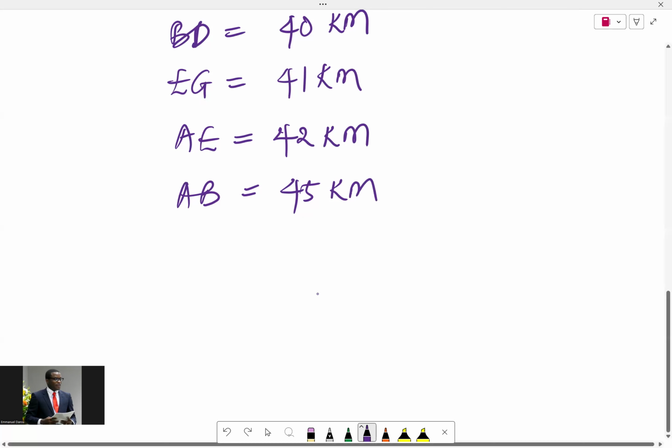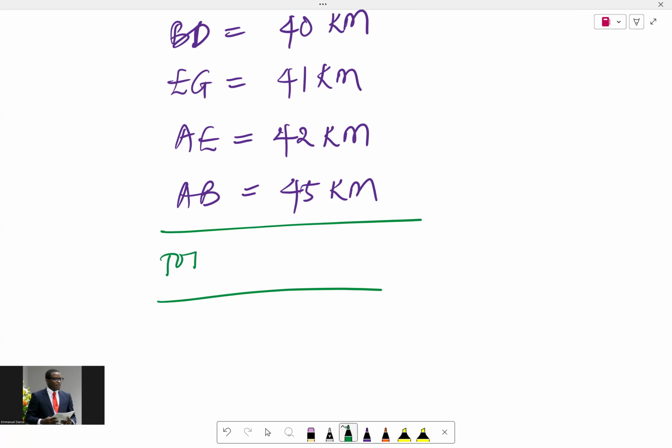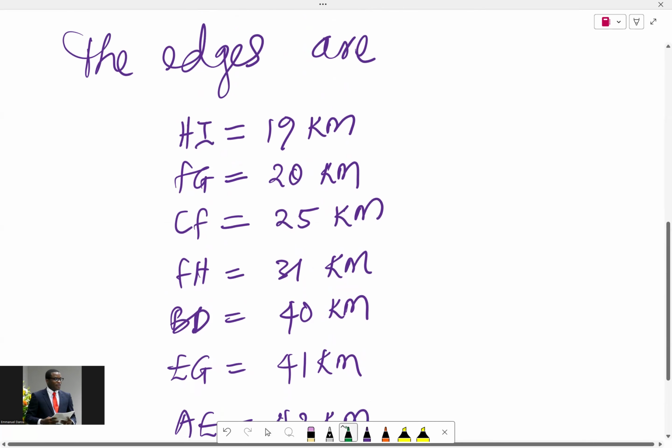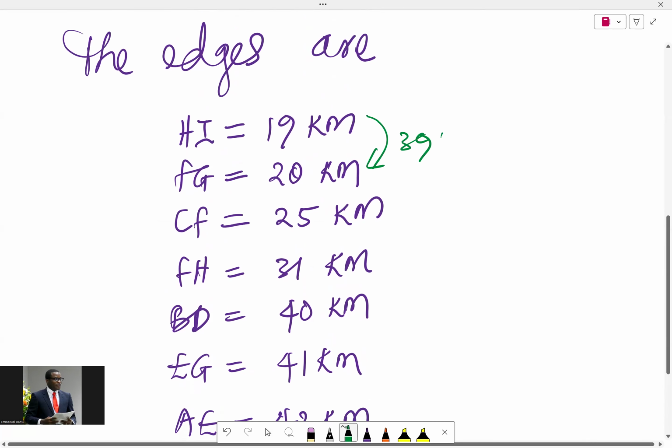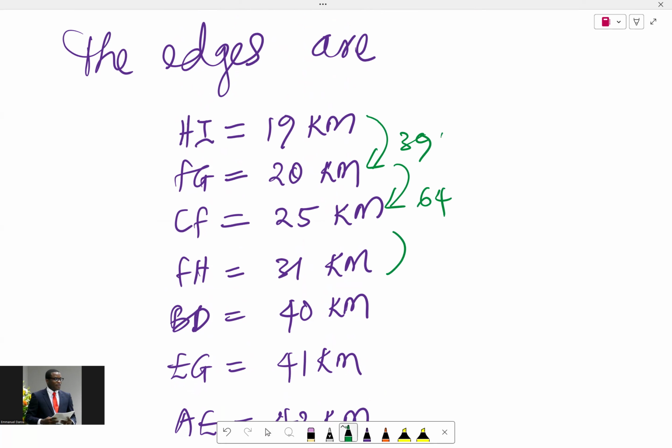So in total, we have total distance. Here we have 39 kilometers. 39, right? 39 plus 25 is 64. 64 plus 31 is 95. 95 plus 40 is 135, I believe.